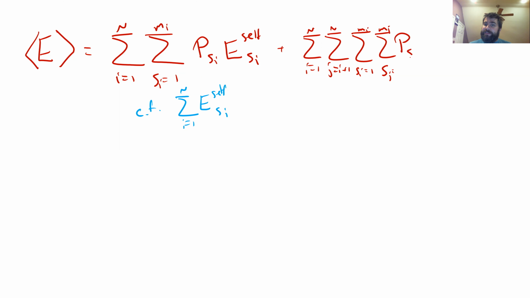The probabilities are independent, so the probability of a pair is the product of the probabilities of those individual pieces, multiplied by the pair energy.